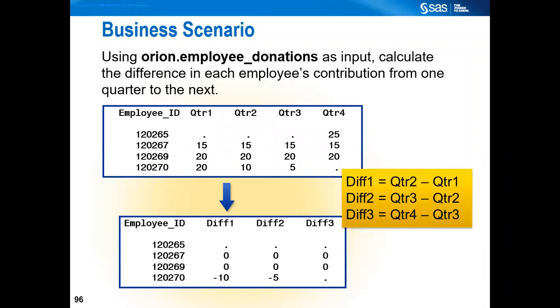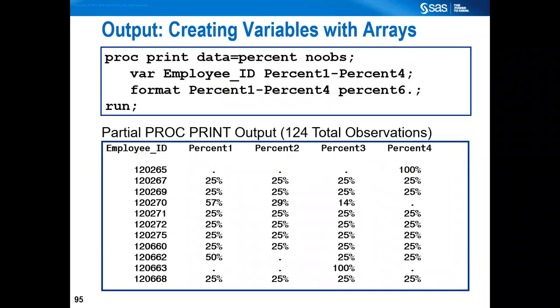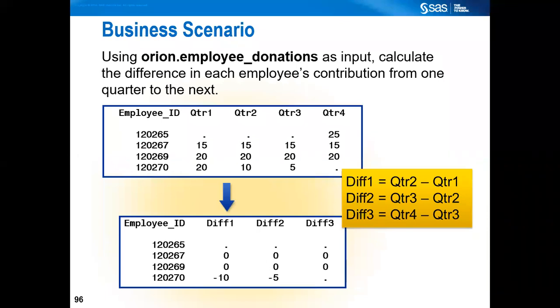So, all right. This was one example where you have created these percentages. Now look at the second example with this scenario. It's telling using Orion.employee donations as input, you have to calculate the difference in each employee's contribution from one quarter to the next one. So look at it.